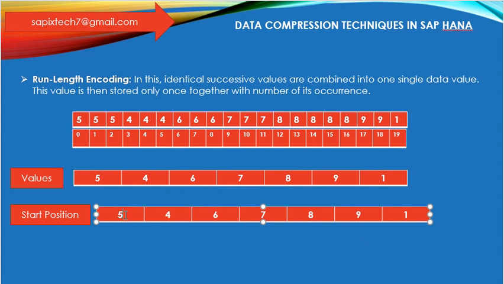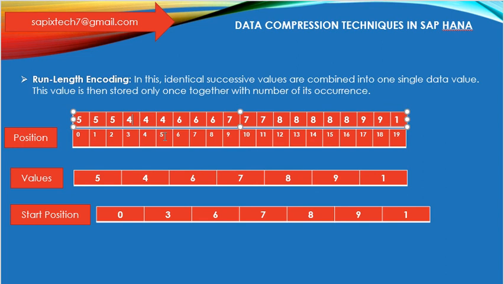So start position of 5 is, Control C, Control V, this is our position. So start position of 5 is 0. From 0 to 2. Start position of 4 is from the 3 here.